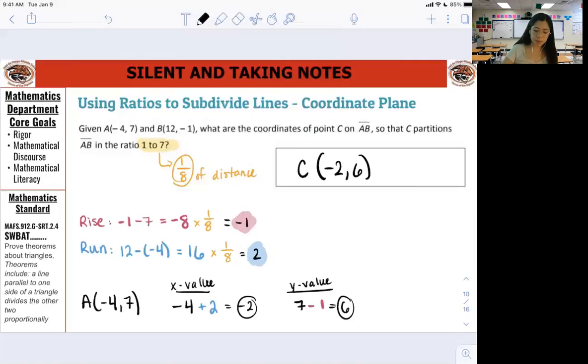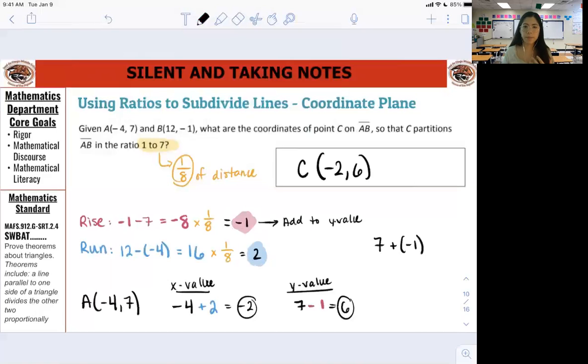Okay, since my answer was -1, since I got a negative number, I'm taking away that value. So technically what I'm doing is adding this to the y value. So technically I'm doing 7 plus -1. But since that's a negative number, I can just write it as 7 minus 1.